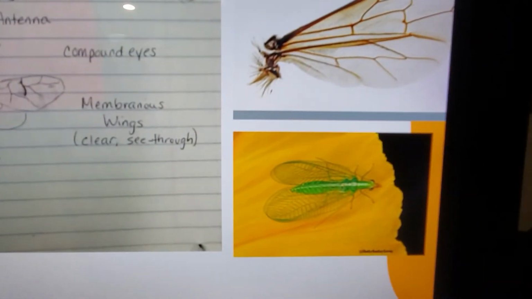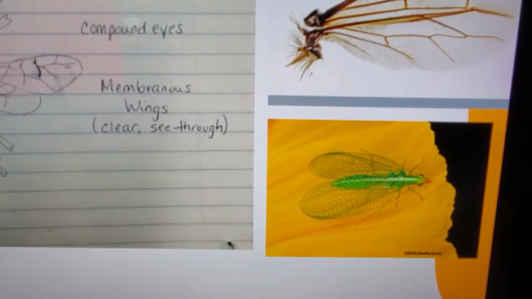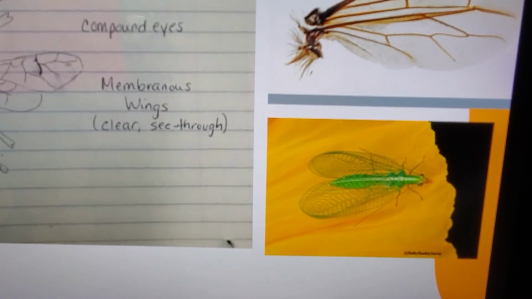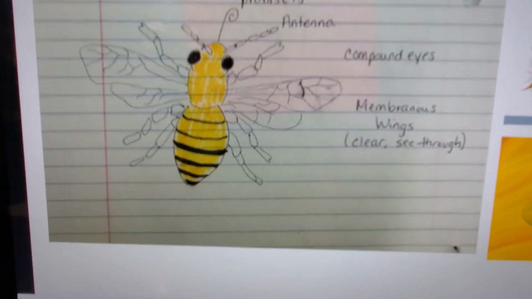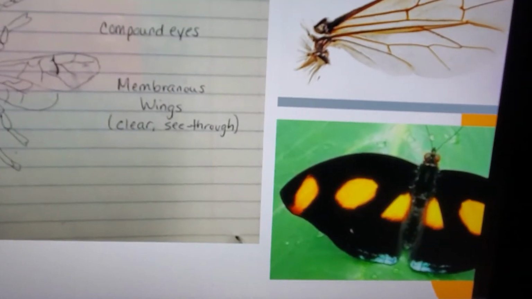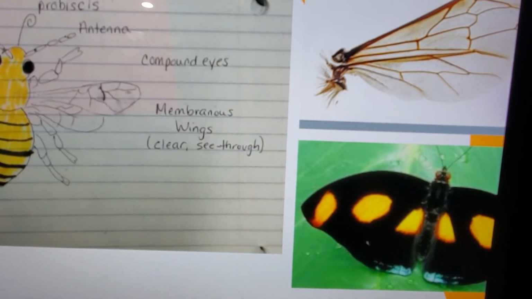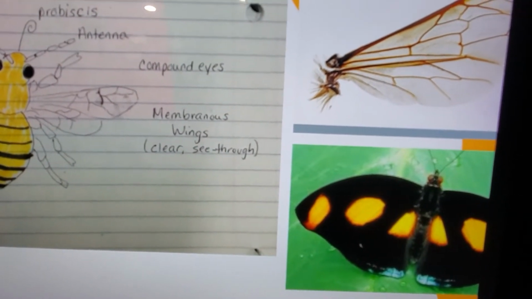Here's another example of an insect with membranous wings, see-through wings. Here's another example, I need to stop moving, of some that aren't clear. They're not membranous.